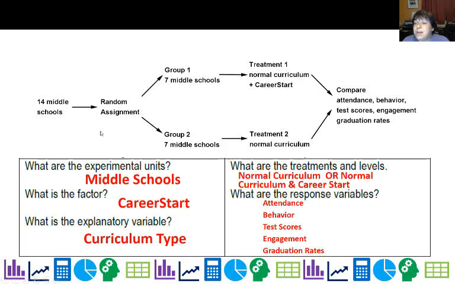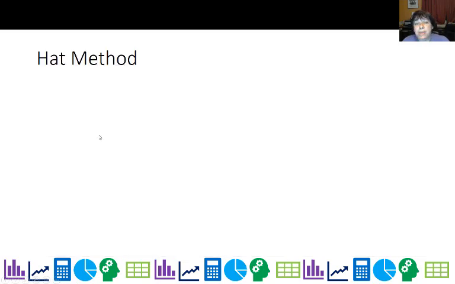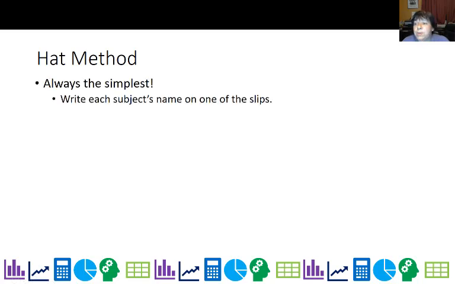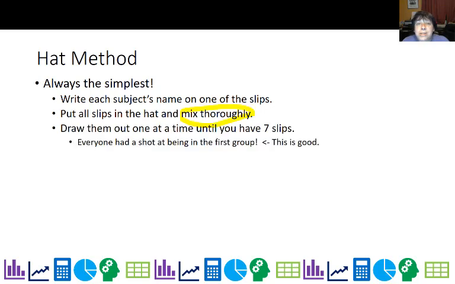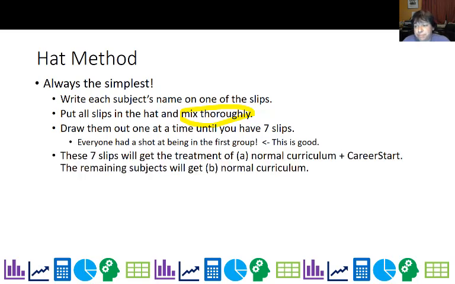So if I was going to assign the 14 middle schools using the hat method, which is always the simplest, the gold standard, well, write each subject's name on one of the slips, in this case, one of the school names. Put all the slips in the hat and mix thoroughly. Draw them out one at a time until you have 7 slips. Everyone had a shot at being in the first group, and that's good.